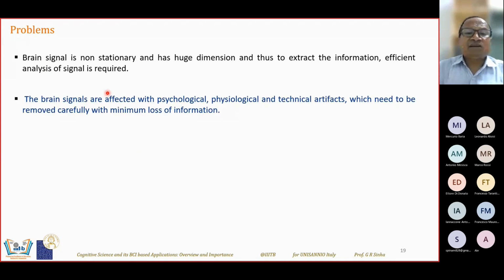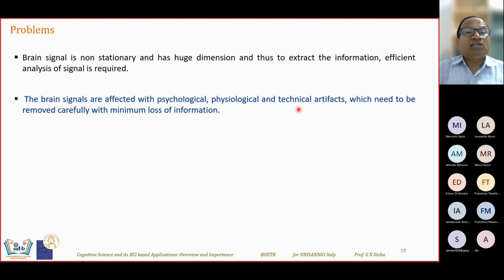The brain signals are affected by psychological and physiological problems, and technical artifacts, like, as I mentioned, power line interference, or nearby electrical or magnetic activity that may cause some unwanted effect in your original signal. And then you will think that the EEG signal is not normal.